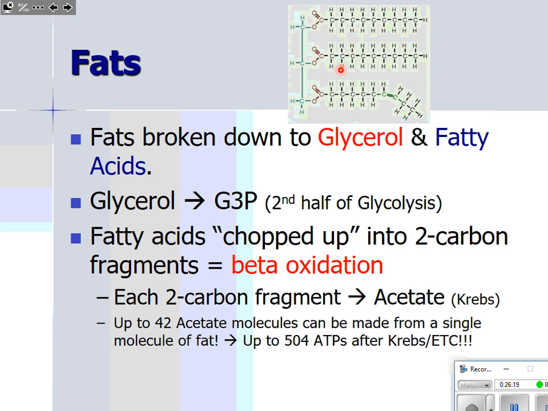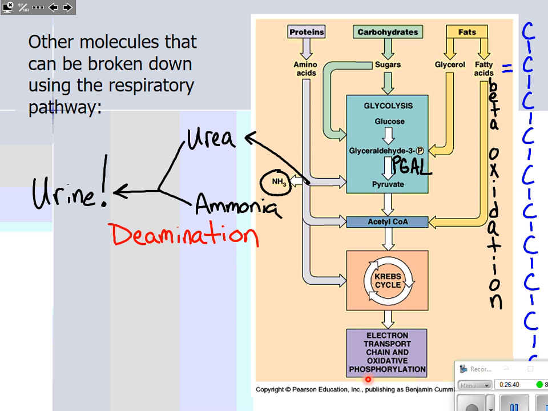Then I've got to chemically modify those chunks and turn them into acetates, and then plug them into the Krebs cycle. And so there's a lot of steps. It's a lot easier just to take glucose, split it in half, and it's just so much faster. Glucose is a much more readily available fuel.